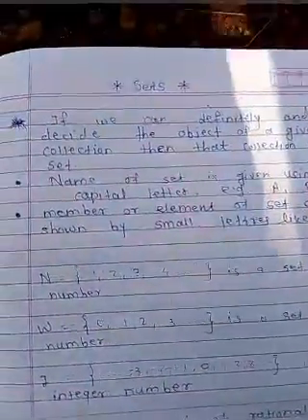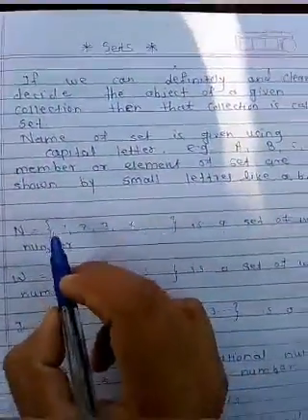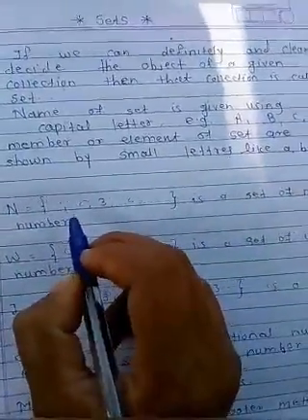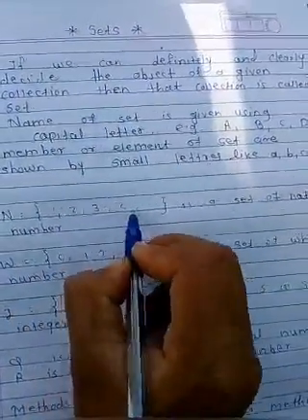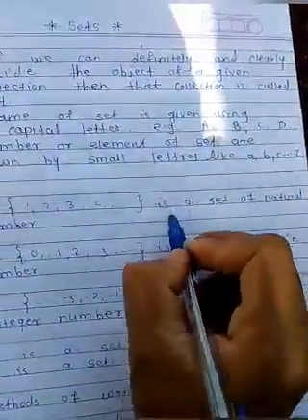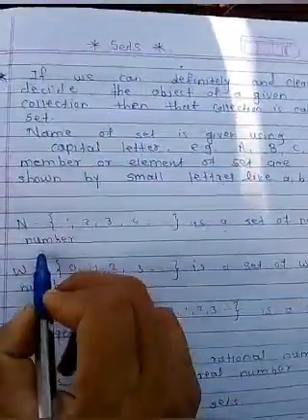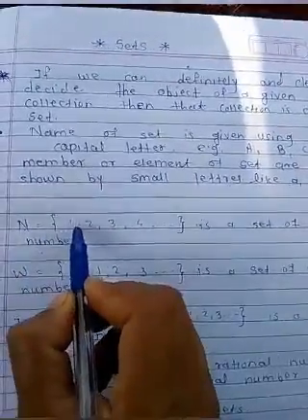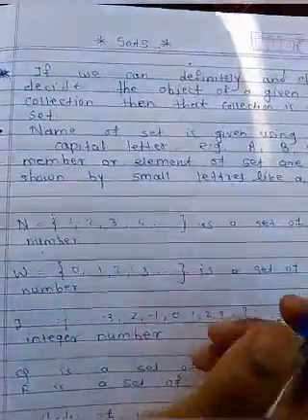Let us see some examples of the set. Here see, N is equal to curly bracket 1, 2, 3, 4, and so on. This is the set of natural numbers, which start from the number 1.